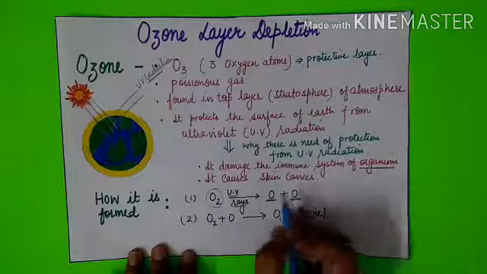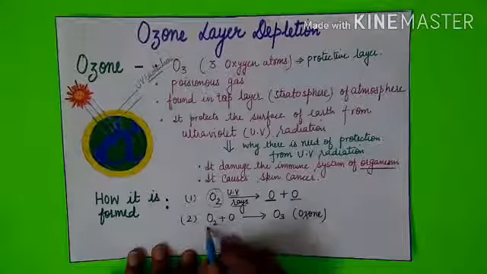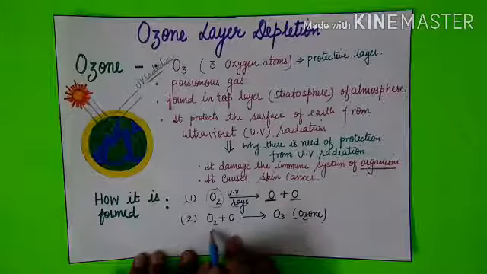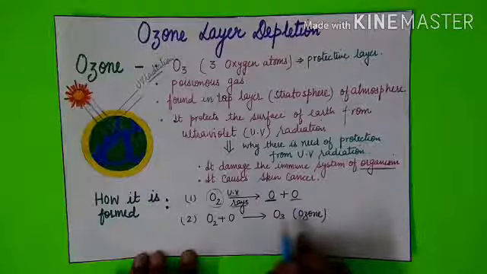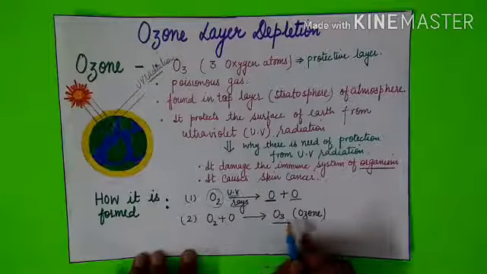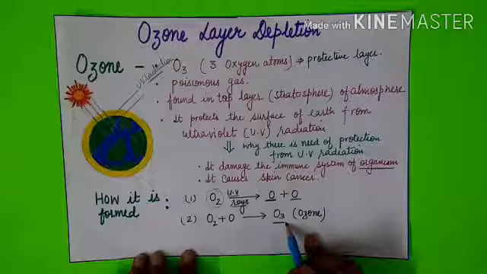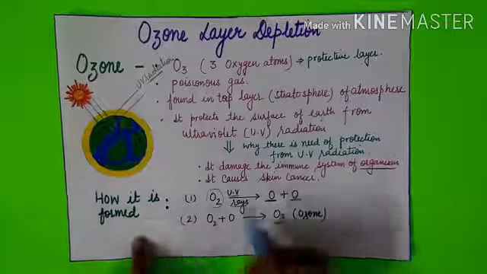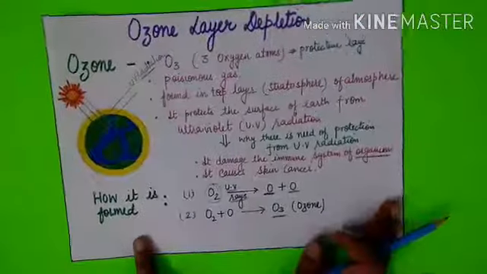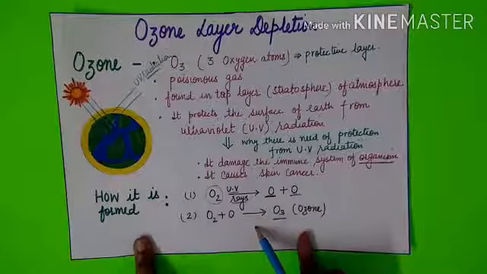So very quickly these oxygen atoms combine with other oxygen molecules already available in the atmosphere and form a molecule of ozone. Once many molecules of ozone are formed, they form a protective layer around the earth. This is the process by which the ozone layer is formed.